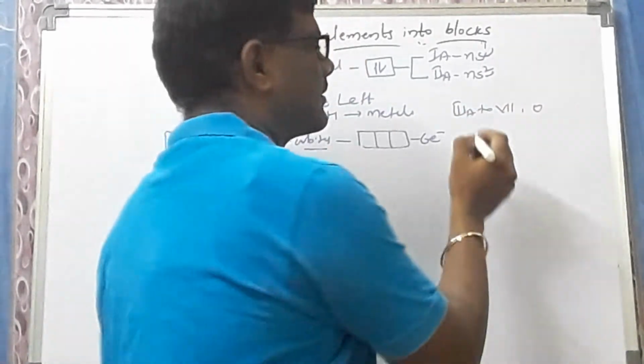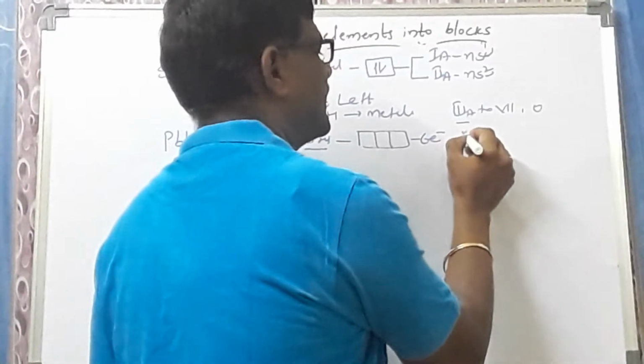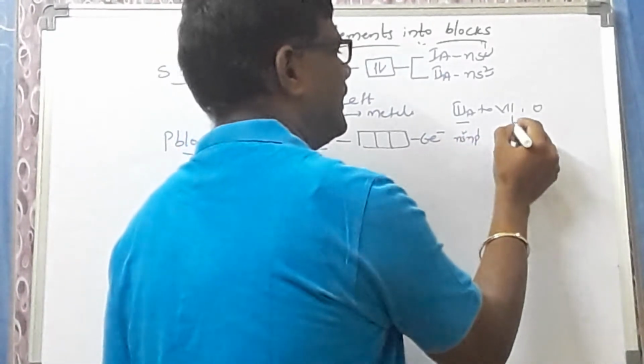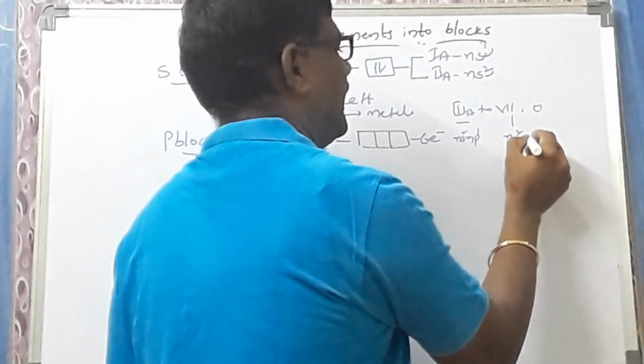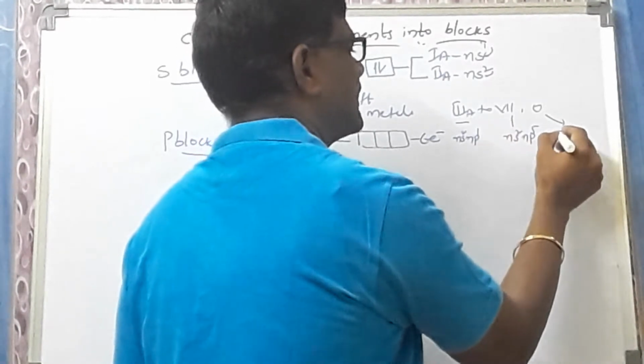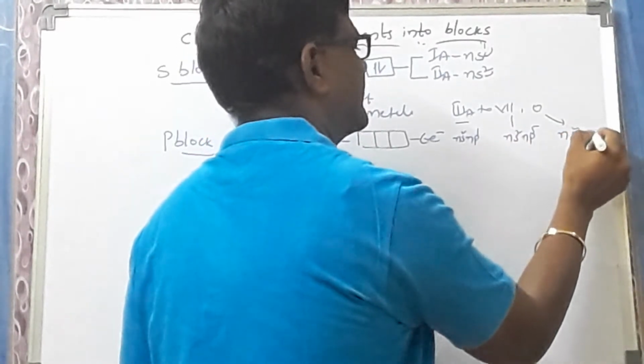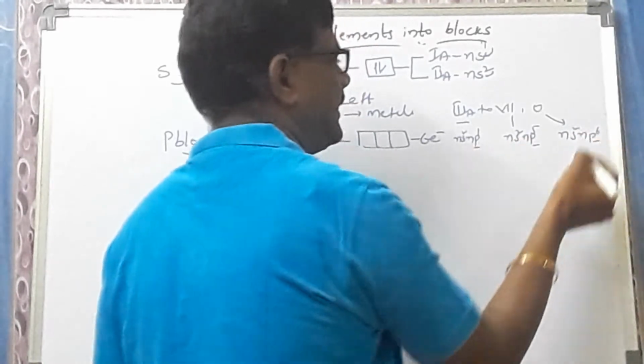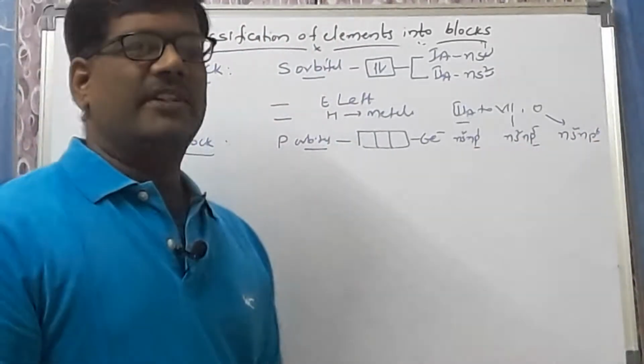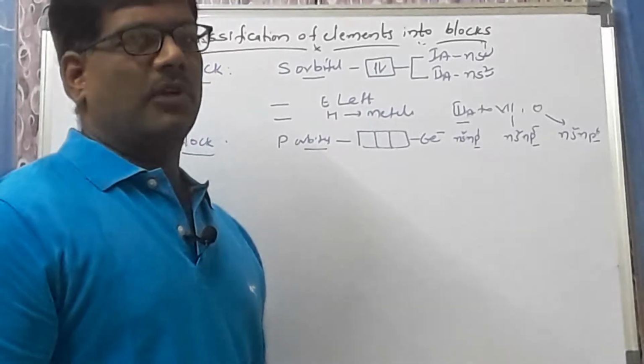The valency electronic configuration of 3A is ns2 np1, of the 7th group ns2 np5, and of 0 group ns2 np6. The last electron is entering into the P orbital, that's why these elements are called P block elements.